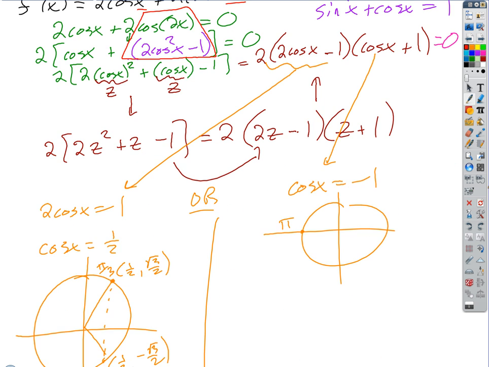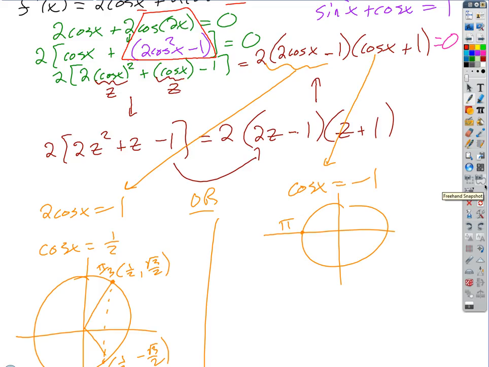So we set them equal to 0, and when this equals 0, cosine x equals 1/2. Where is that? We've got to go to the unit circle. That's the extra step here: after we factor this and solve it, remember, these are trig functions, so we have to check the unit circle to see where the angles are where cosine x equals 1/2.